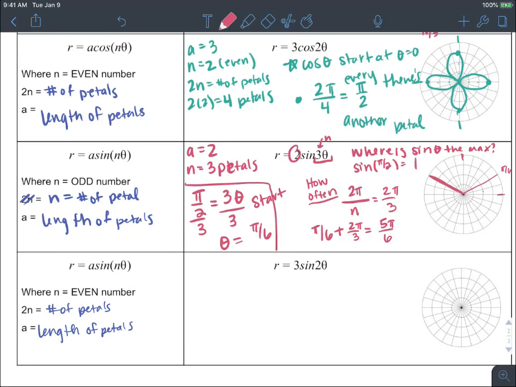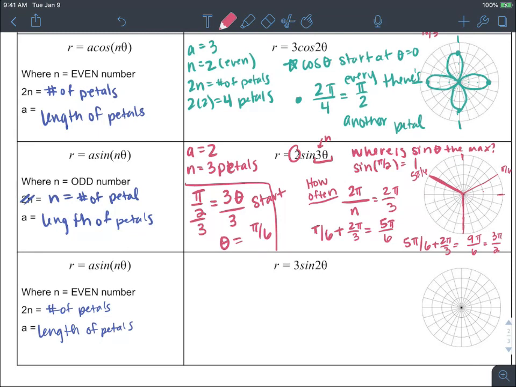And then I'm going to add one more, so 5 pi over 6 plus 2 pi over 3 is equal to, say I'm adding 4, so 9 pi over 6, which equals 3 pi over 2. So straight down there. That's how often these petals occur.